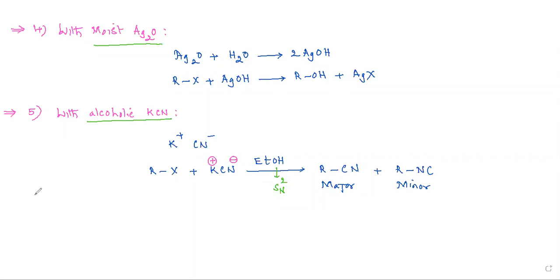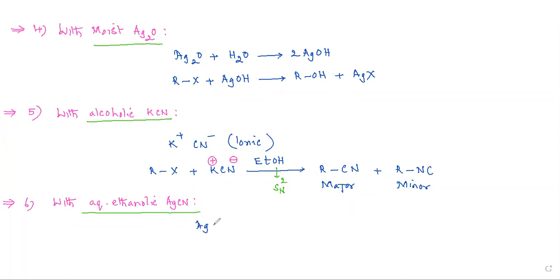Now, if we carry out the reaction with ethanolic silver cyanide, you know, silver cyanide is covalent. Potassium cyanide is ionic.